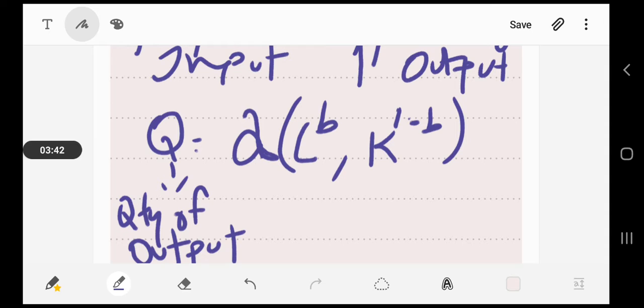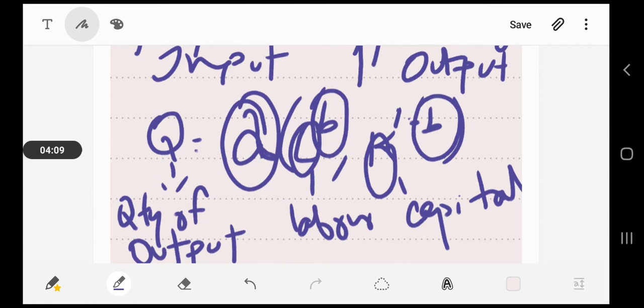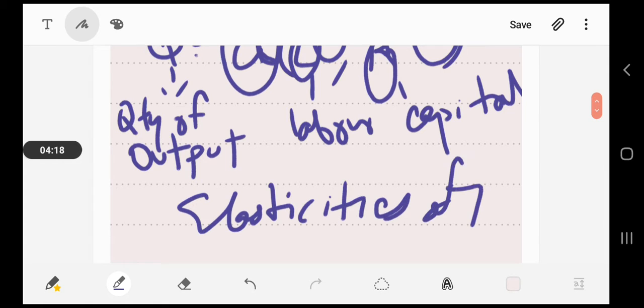L and K stand for labor and capital, while A and B are the elasticities of the production function.